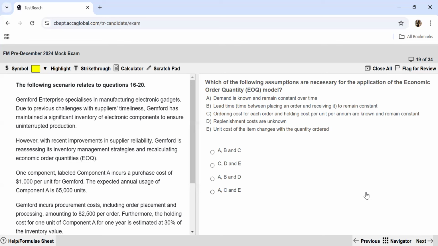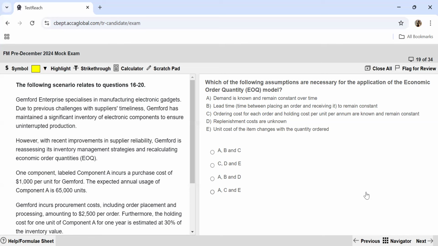Moving further, D is replenishment costs are unknown. Now, this is something which is not a part of the assumptions. Replenishment cost means where you are replenishing your inventory again. That means the goods have run out and now you need to replenish the inventory.